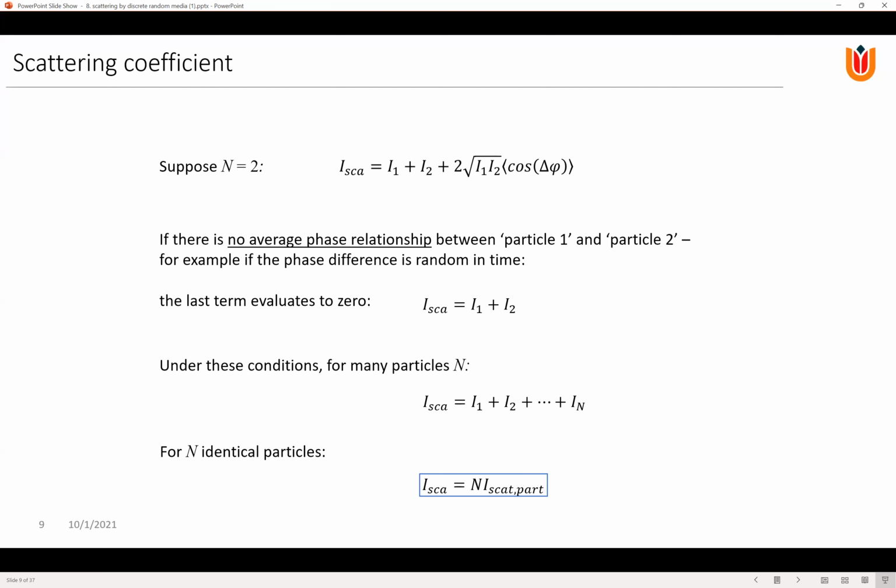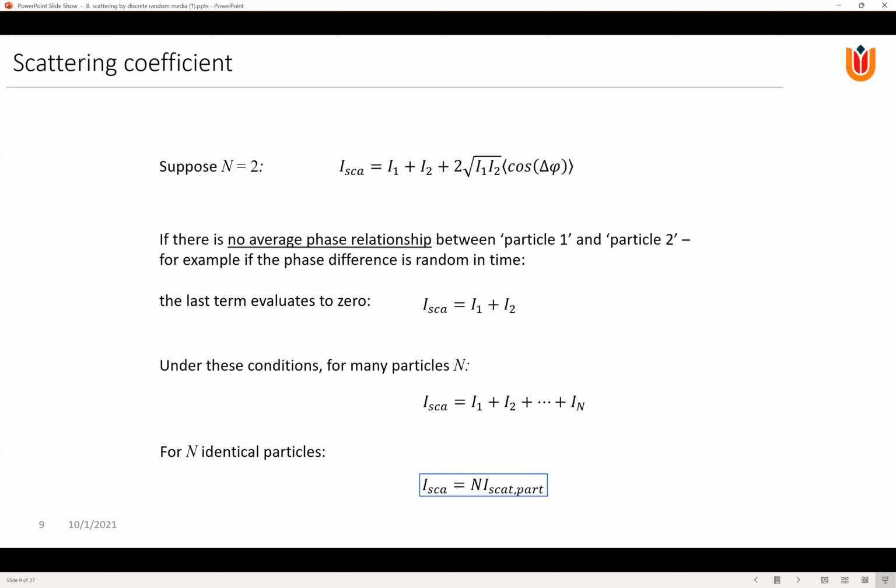And then if you use the same reasoning, you can extend this to three particles, to four particles, or more particles. If all these phase differences just keep averaging out, then for many particles n, the intensity would just be the sum of the intensities of the individual particles.